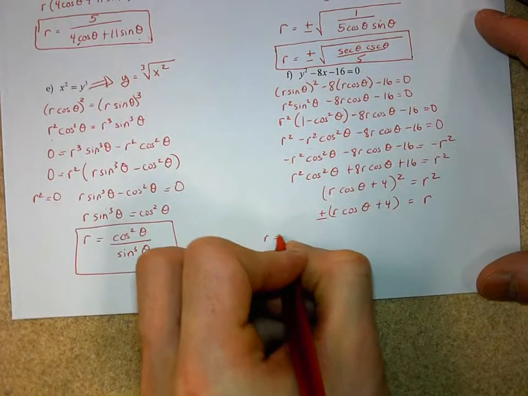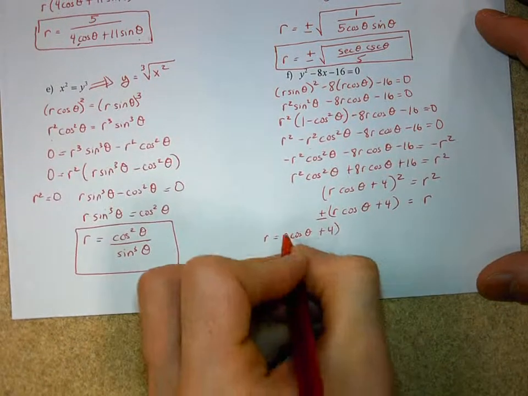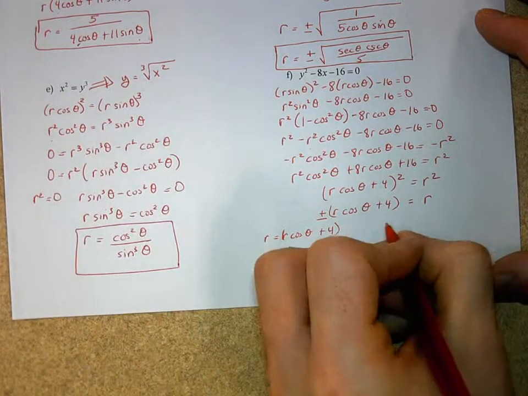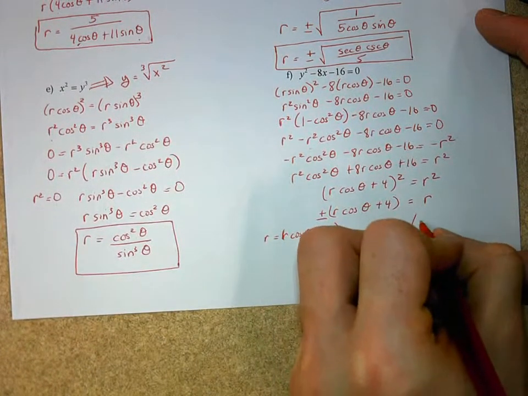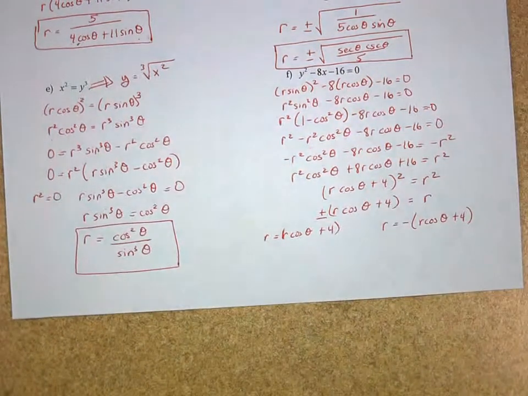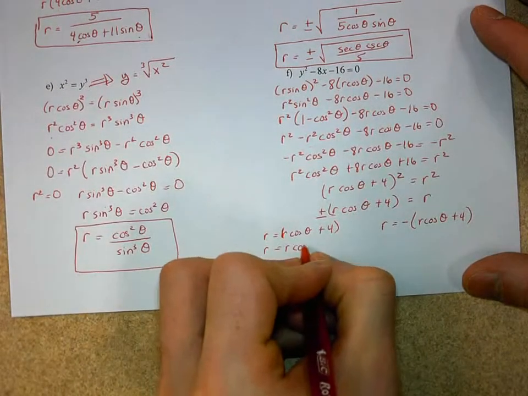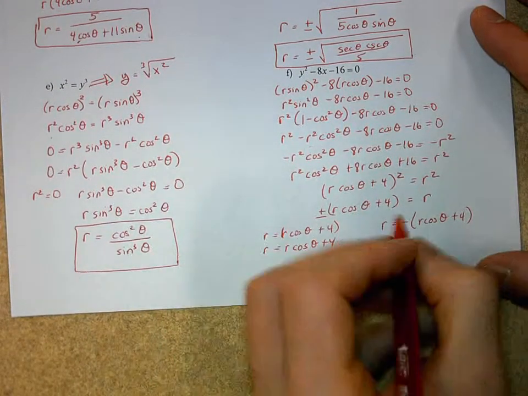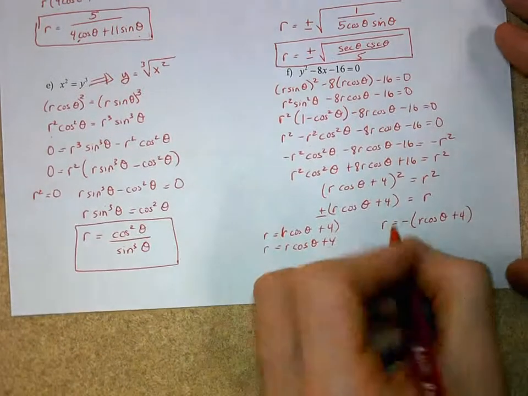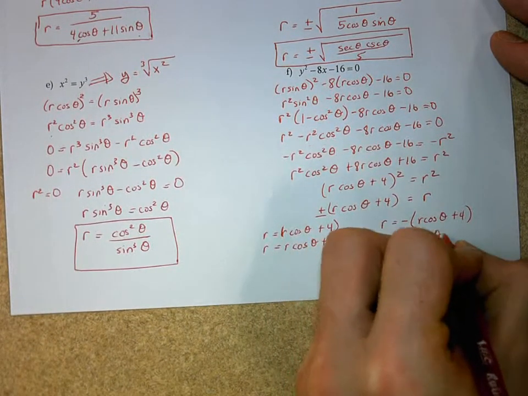The first one, r is equal to r cosine theta plus 4. The other one is going to be r equals minus r cosine theta plus 4. So the first one, let's drop the parentheses. The second one, we've got to distribute the negative in.